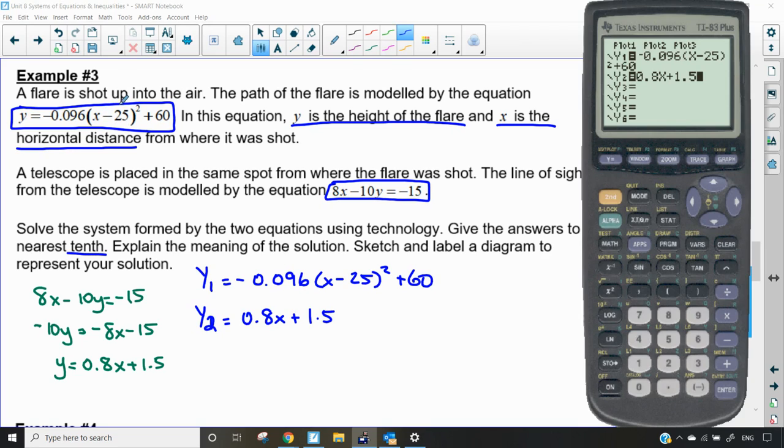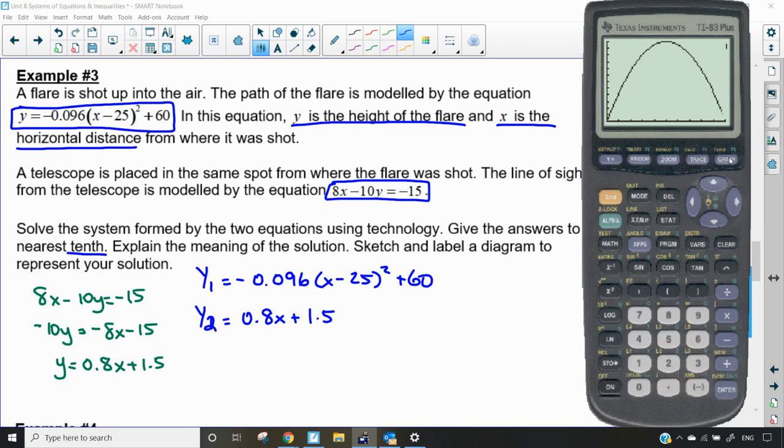And if the maximum is happening at 25, then I need to go for sure at least to 50 for my x values. We also know that we're talking about height and time, so we're not going to have values less than 0. So I'm going to set my window settings as 0 to 50, going up by 5s, and then 0 to 60, going up by 5s. And we'll take a look at what we have.